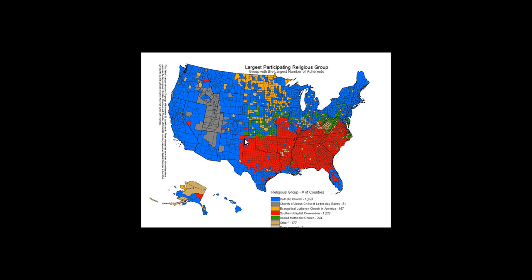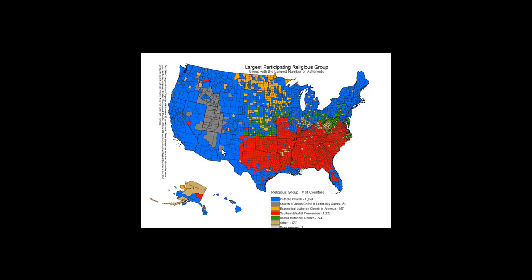Basically, for every county in the United States, data was collected. And they asked people, hey, what branch of Christianity or perhaps another religion do you identify with? And just about everywhere, Christianity does tend to be the dominant religion in the United States. They then asked people about the particular branch of Christianity that they adhere to or practice.